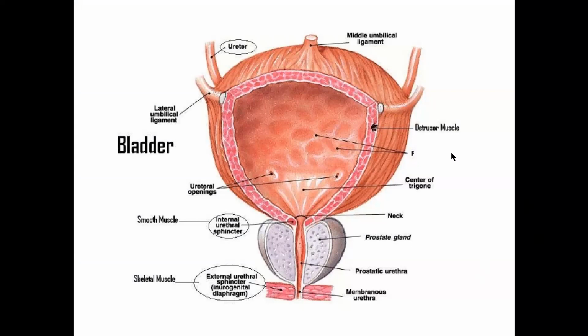Now, the bladder is a very useful thing to have, because it stores the urine for you. It's sort of a little bag. Urine comes in through the ureters, and it's stored and then leaves via the urethra. Now there's a sphincter here.